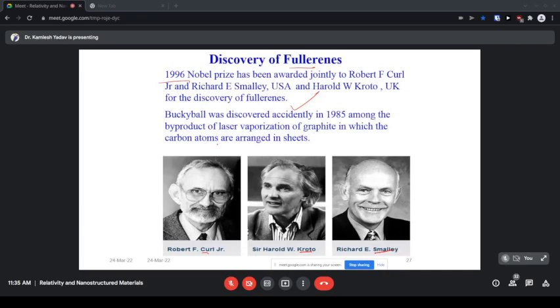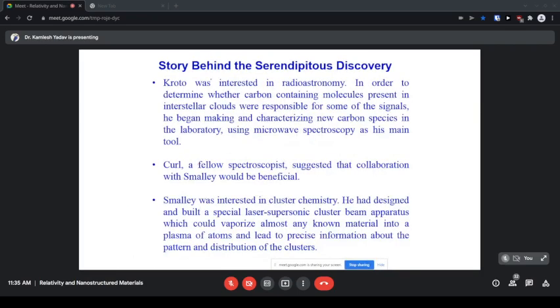for the discovery of fullerene, using vaporization of graphite. But this was discovered accidentally. Fullerenes were discovered accidentally. Actually, let me read this. Kroto was interested in radio astronomy.